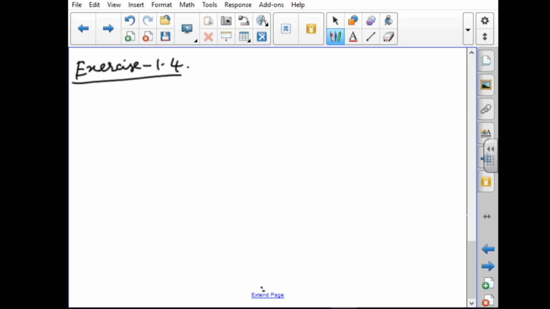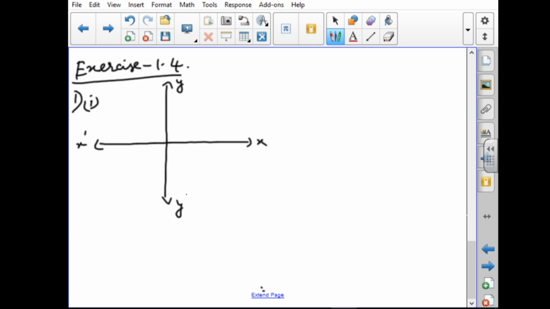The first one, they have given the graph like that.